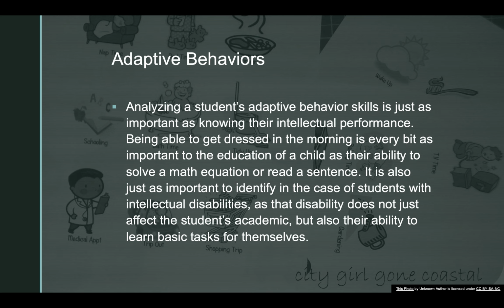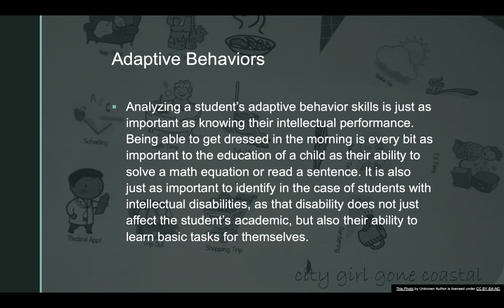Analyzing a student's adaptive behavior skills is just as important as knowing their intellectual performance. Being able to get dressed in the morning is every bit as important to the education of a child as their ability to solve a math equation or read a sentence. This also goes into just behavior in general. Working on the behavior of a child is just as important as working on their academics, which is why adaptive behaviors and knowing a child's skills is just as important as knowing their academic skills in defining them as having an intellectual disability.